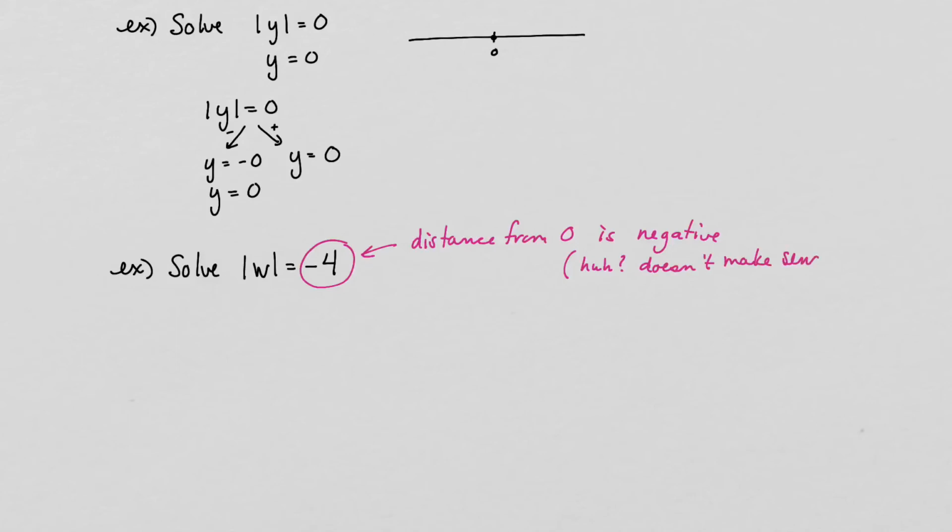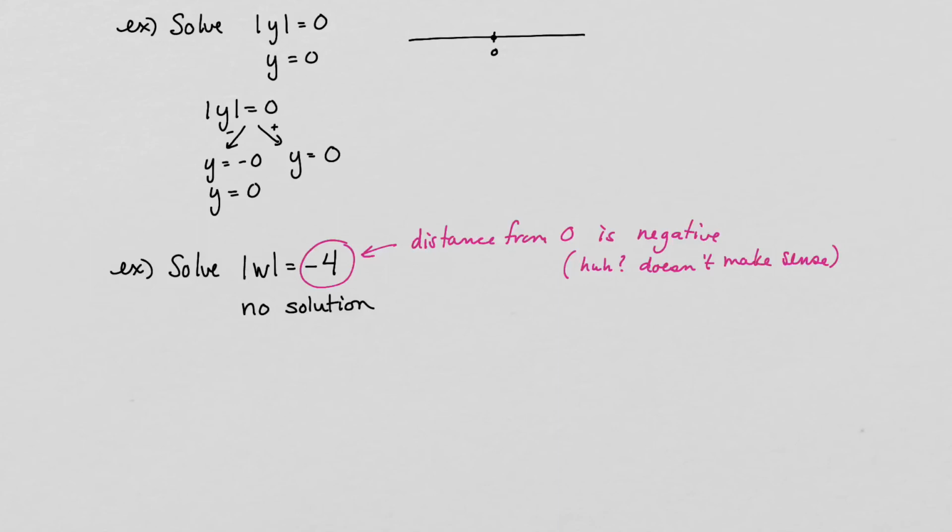If you think about a tape measure, every tape measure you pull out, the numbers are all positive, so you can only measure positive distance. So distance is always positive. So if you have the absolute value all by itself on the left-hand side, and then you have a negative number on the right-hand side, what we're basically saying is this can never happen. So this problem actually gives us no solution, because there's no way that you can move a distance that's negative.